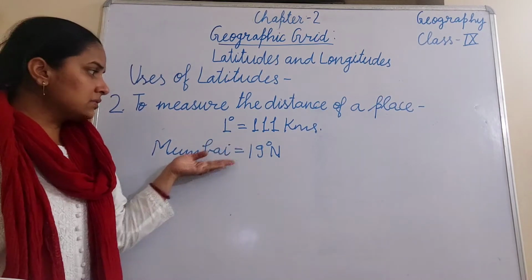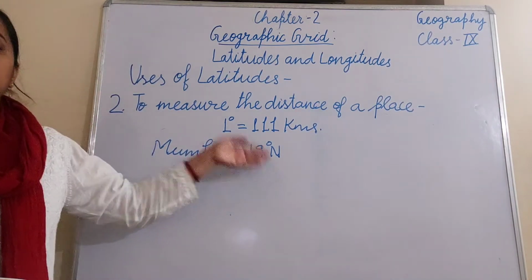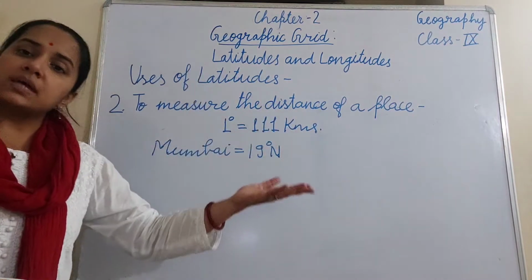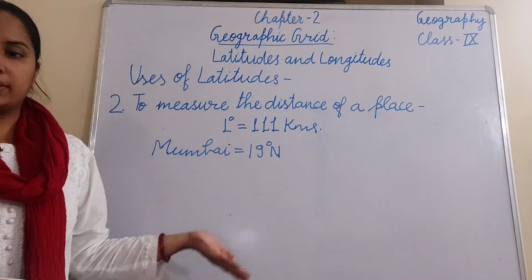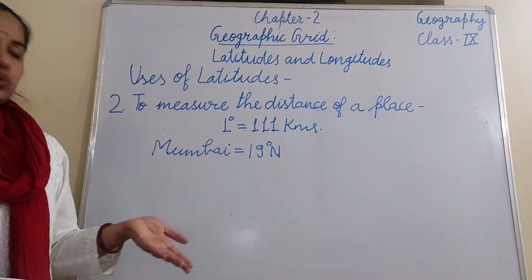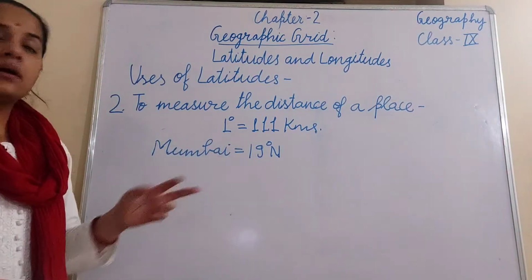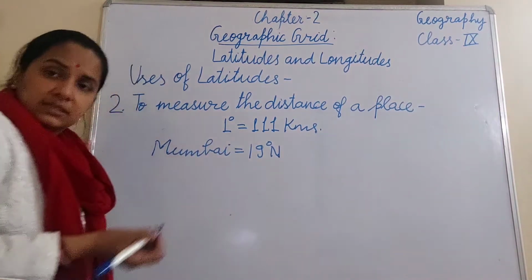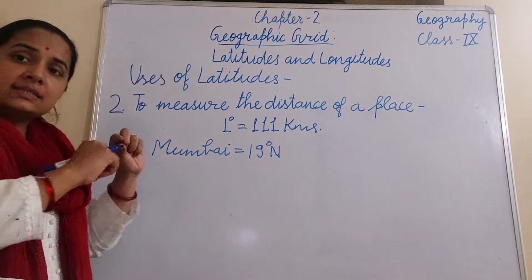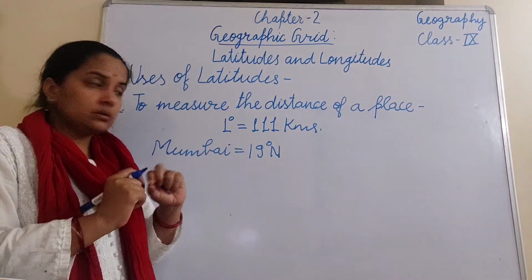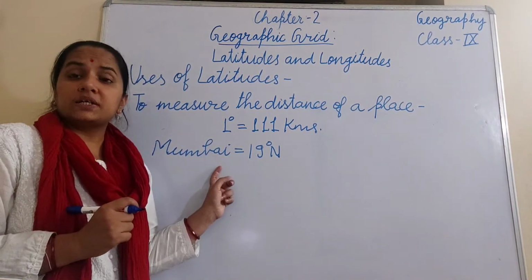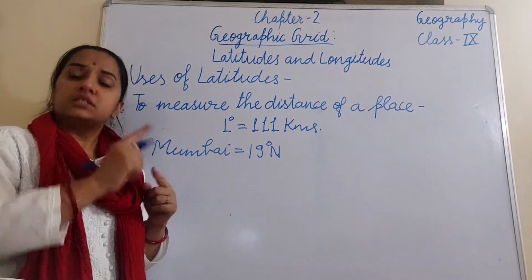19 degree north means it is in the northern hemisphere, towards the north of the equator. We know that the equator is at 0 degree. So the distance between the equator and Mumbai is 19 degree.